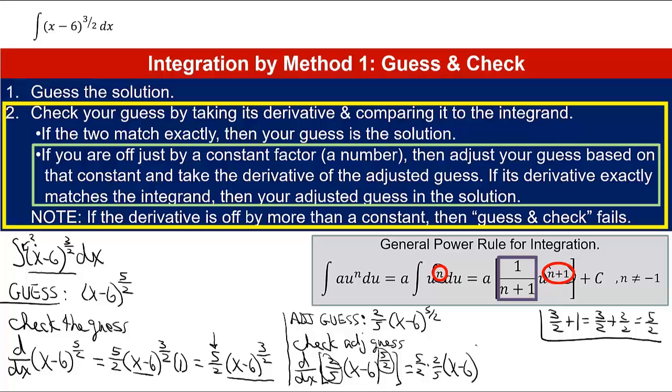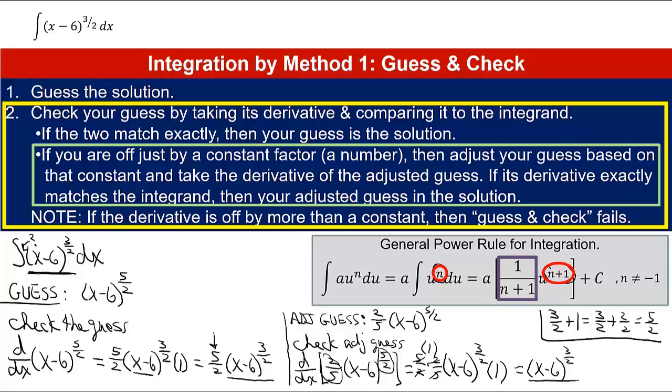As we've discussed, 5/2 minus 1 is 3/2, and then the derivative of the inside is just 1. Notice that 5/2 times 2/5, in other words, a number times its reciprocal is always 1. So you end up with just the quantity x minus 6 raised to the 3/2 power. So that's your adjusted guess.